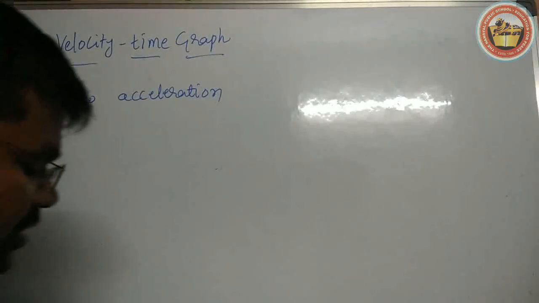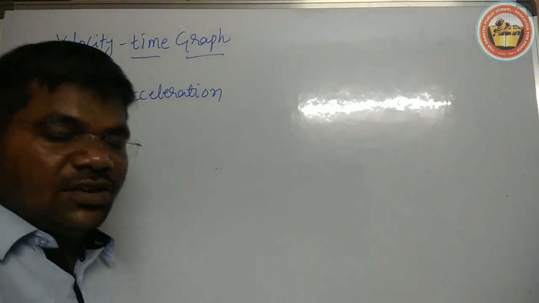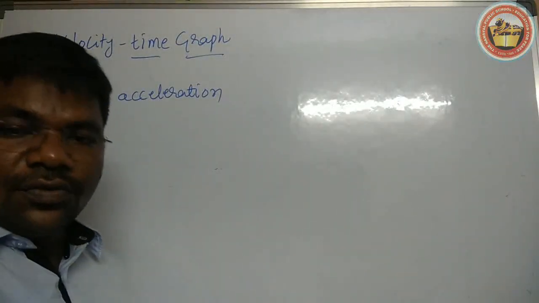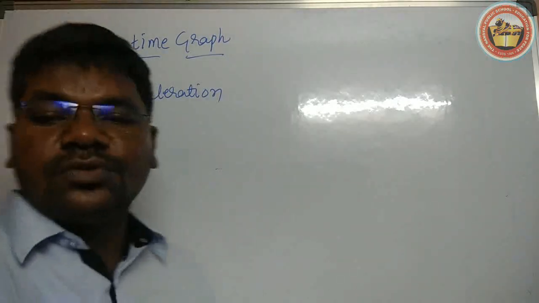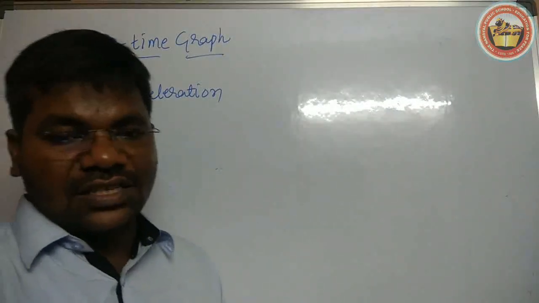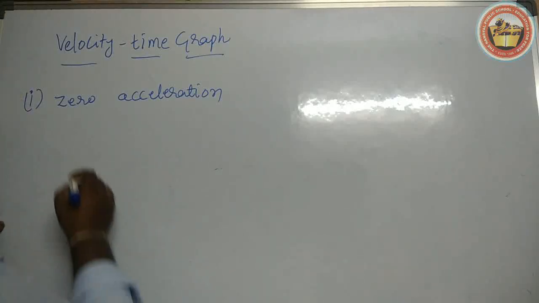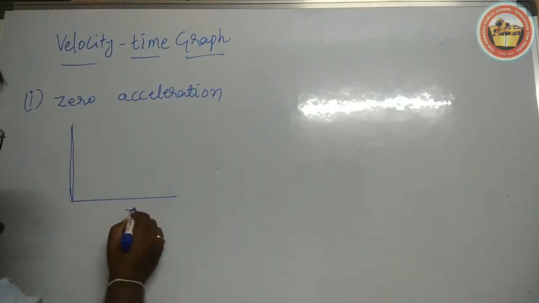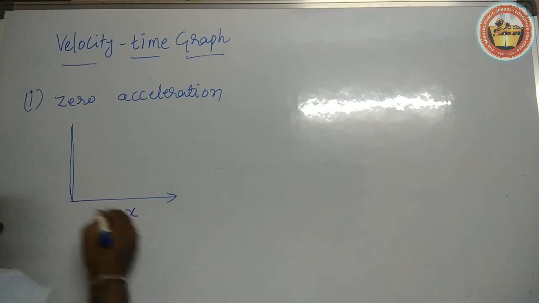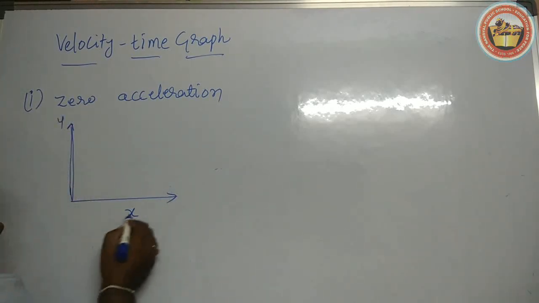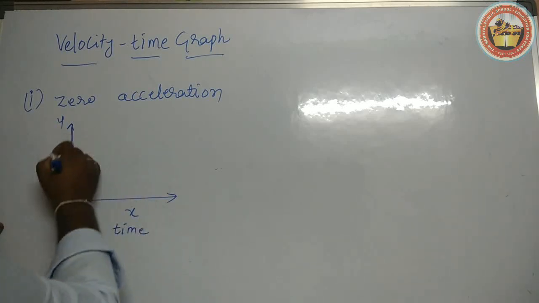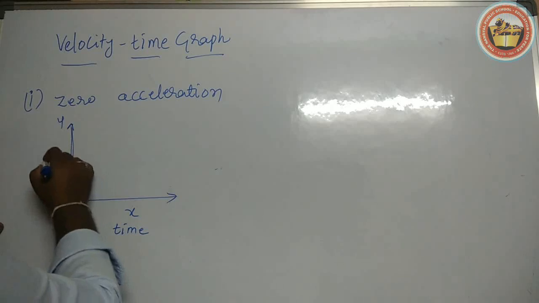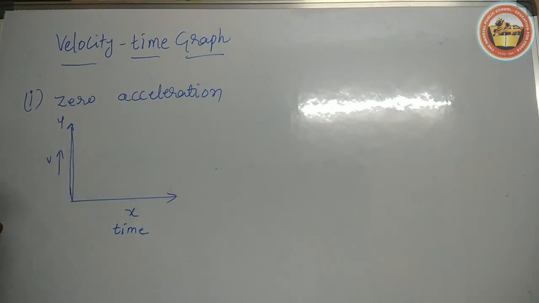When zero acceleration occurs, the body moves with constant velocity. On the x axis we always take time, be careful. The velocity we have to take along the y axis.